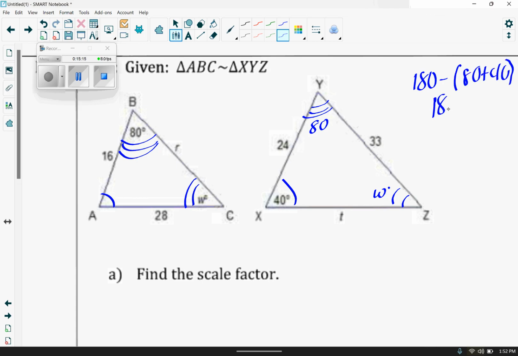So 180 minus 120, which gives me 60. So W equals 60 degrees.